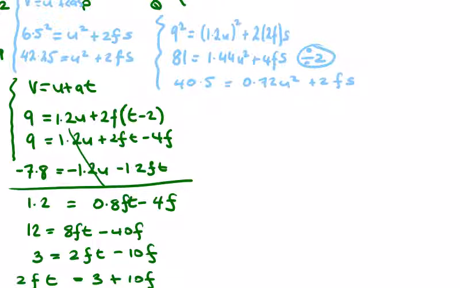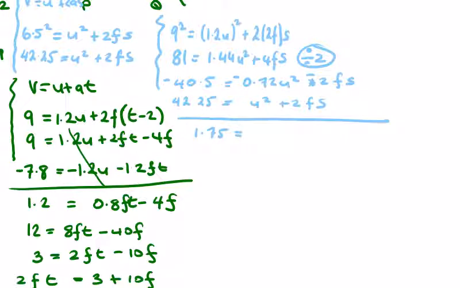And then if I make this one a minus and bring the other one underneath, minus 42.25 is equal to U squared plus 2FS. Still not convinced this is the best way to solve for U. That's going to leave 1.75 is equal to U squared minus 0.72U squared, that's 0.28U squared.